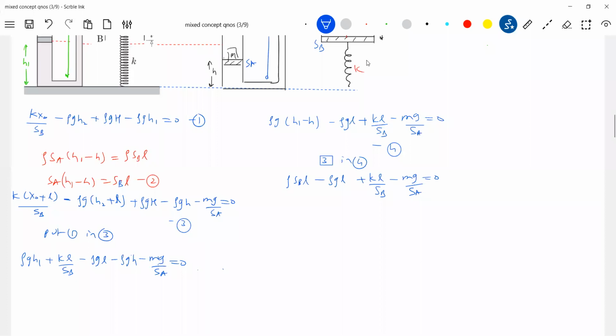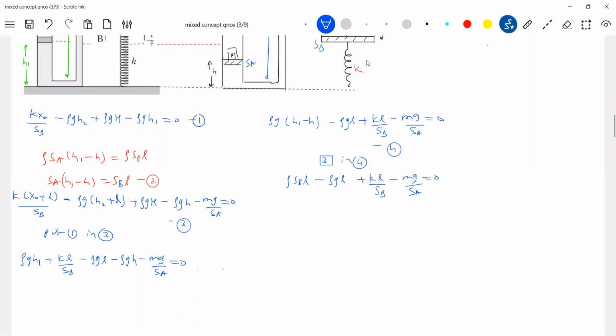Can anybody simplify? What is L? L is also a known thing. Shall I write the answer directly, or will you verify? I'll go for the next question. All things are known.